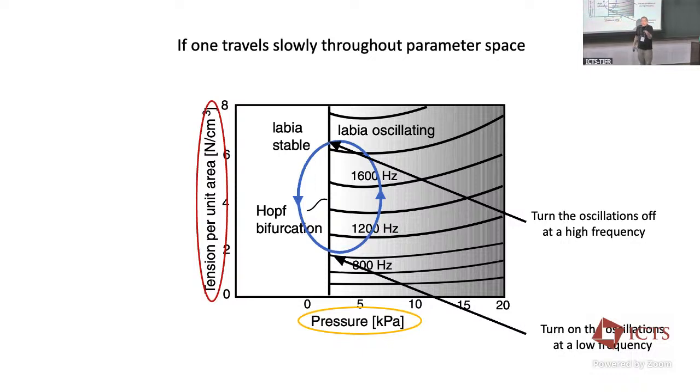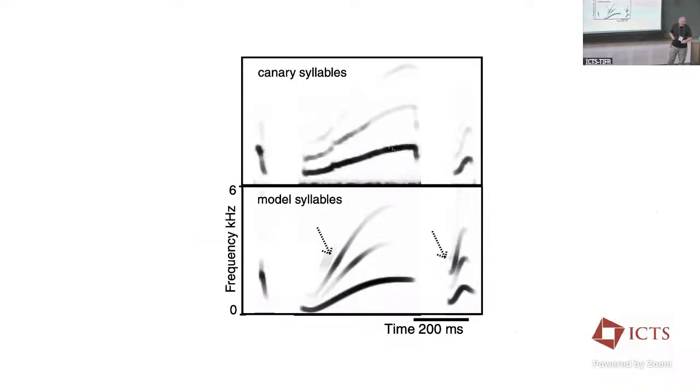So therefore, you have syllables that go up. Okay? So it's only the phase difference between 2 simple gestures that you have to control to have a very sophisticated acoustic feature like the frequency modulation. So in the case that I was telling you before, you will have a canary syllable like this, and this would be the model that I was describing before.